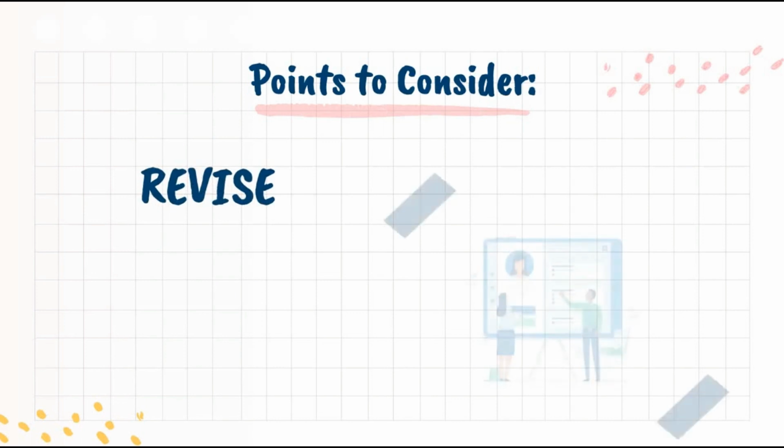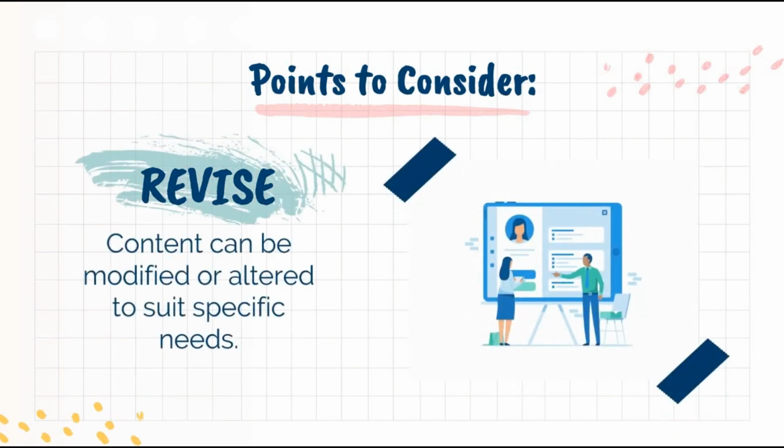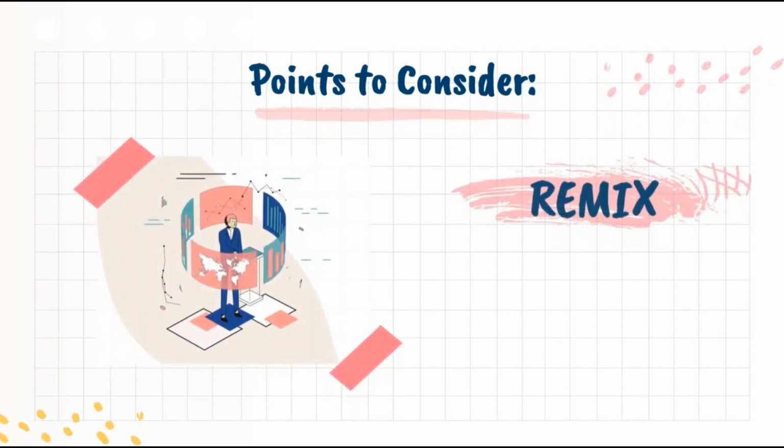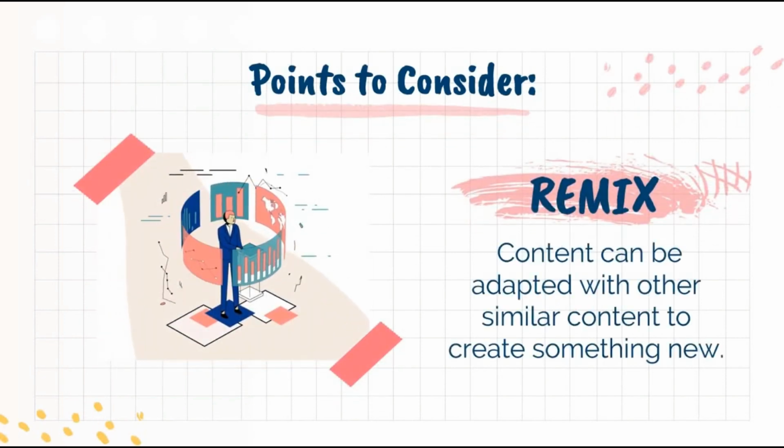The third is revise. Content can be modified or altered to suit specific needs. You can edit, adapt, and modify your copy of the resource like translating it into another language or cutting the resource short. Fourth is remix. Content can be adapted with other similar content to create something new.